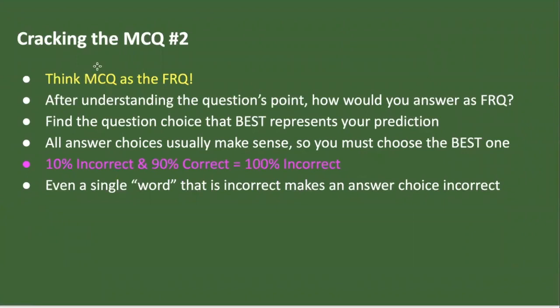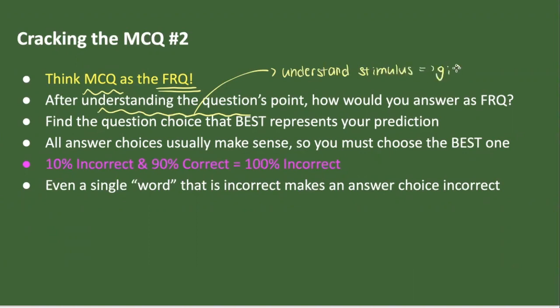And in order to ace the MCQ, it's very important to think of the MCQ as an FRQ. Before understanding the question's point, you should definitely understand the stimulus, right? By understanding the stimulus, you get the gist of what the question is getting at.